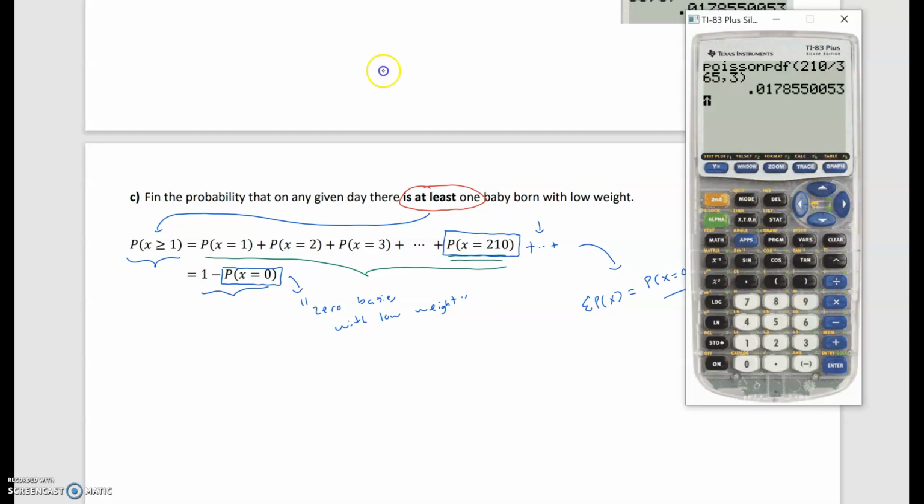So I'm just going to run it again. And in this case, once again, 210 divided by 365. And then for events of 0, that's about 0.5625.